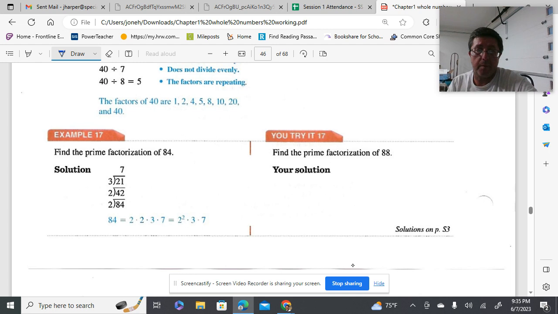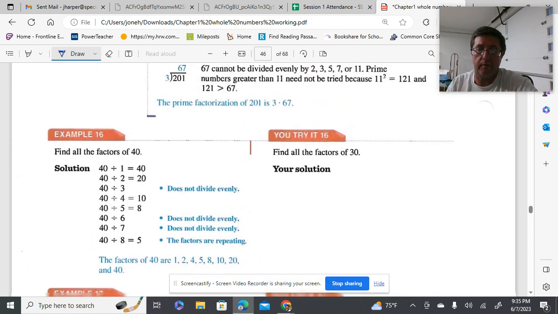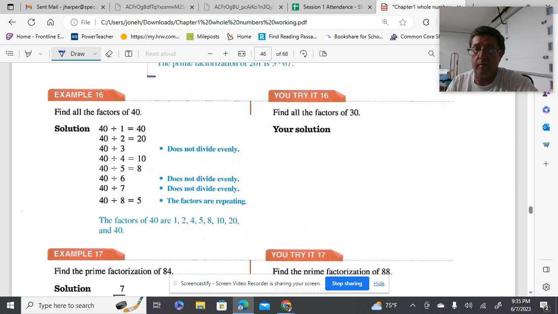Okay, so find the prime factorization of 84. Well, 84 equals 2 times 2 times 3 times 7. Again, it's not something that I find so vital.